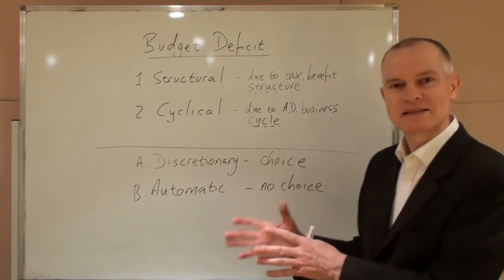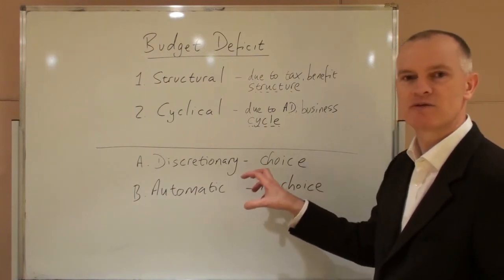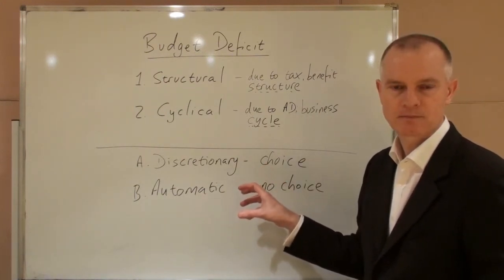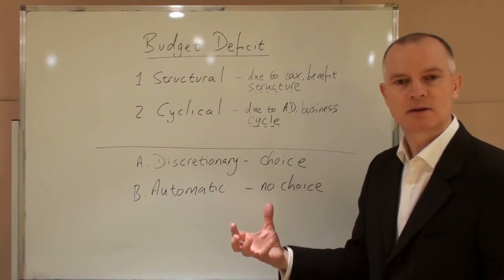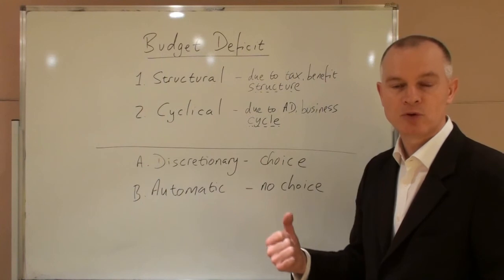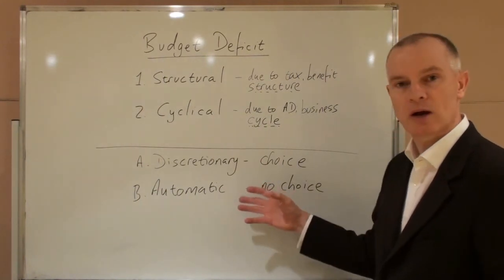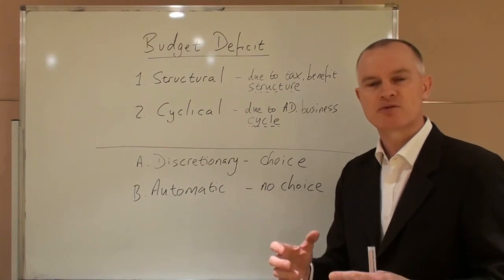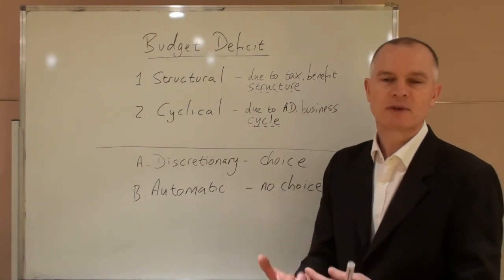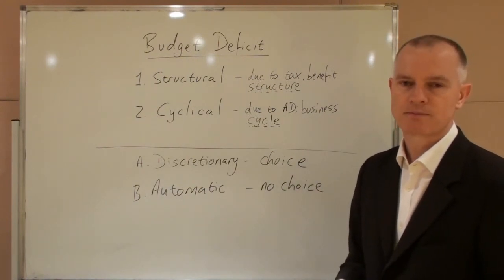Now, an automatic stabiliser is the tendency for automatic fiscal policy to ameliorate the conditions in an economy when an economy is experiencing either a boom or a recession. We know now, I think, that when an economy is in a recession, automatic fiscal policy will result in an automatic budget deficit.